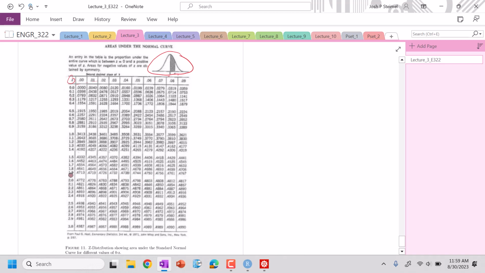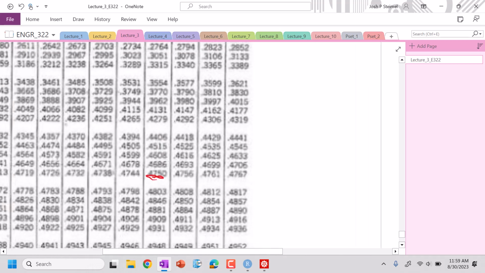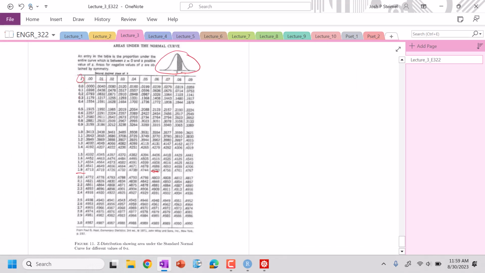So we see here 1.9, this is 0.475. Let's zoom in. I know it's a little bit small, but trust me. And then 1.96 right here. So we found our 95% confidence interval with the z-table.